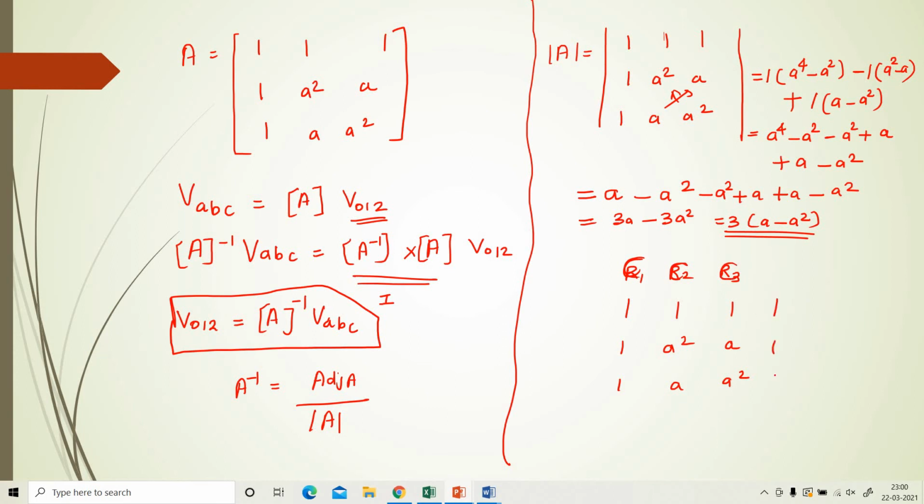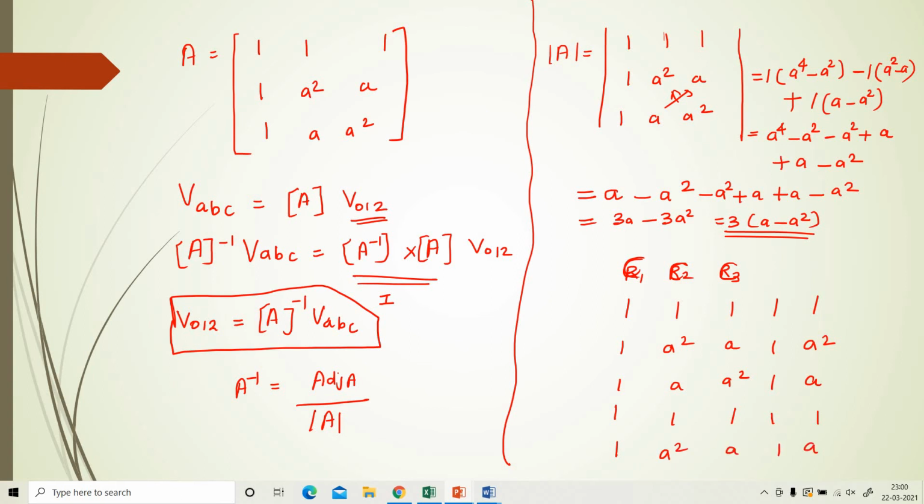Column 1 once again have to copy down, and next have to copy down the column 2 also. Next the first row element is copied down again, and next the second row element is copied down again. A square A, 1 A square.